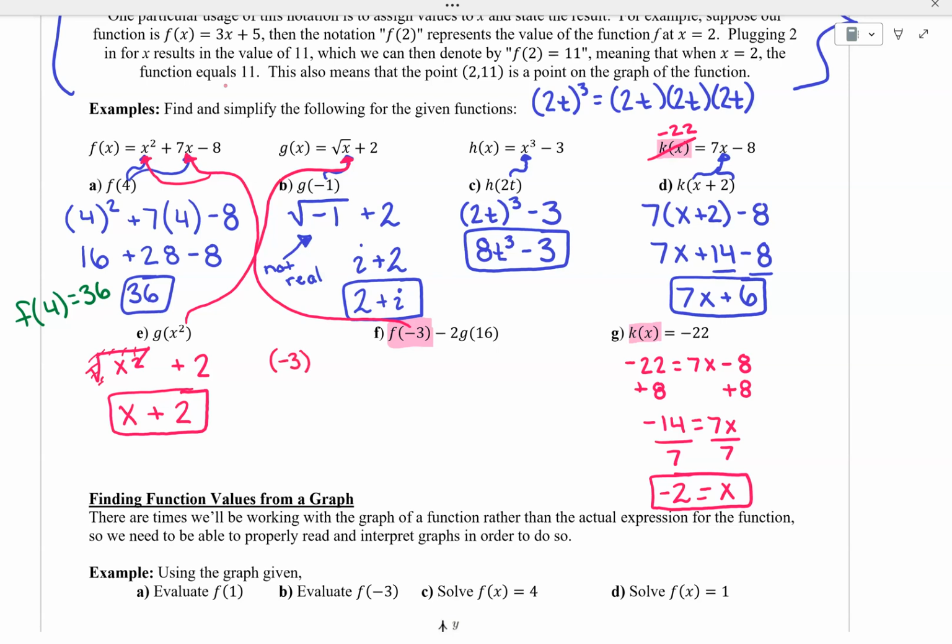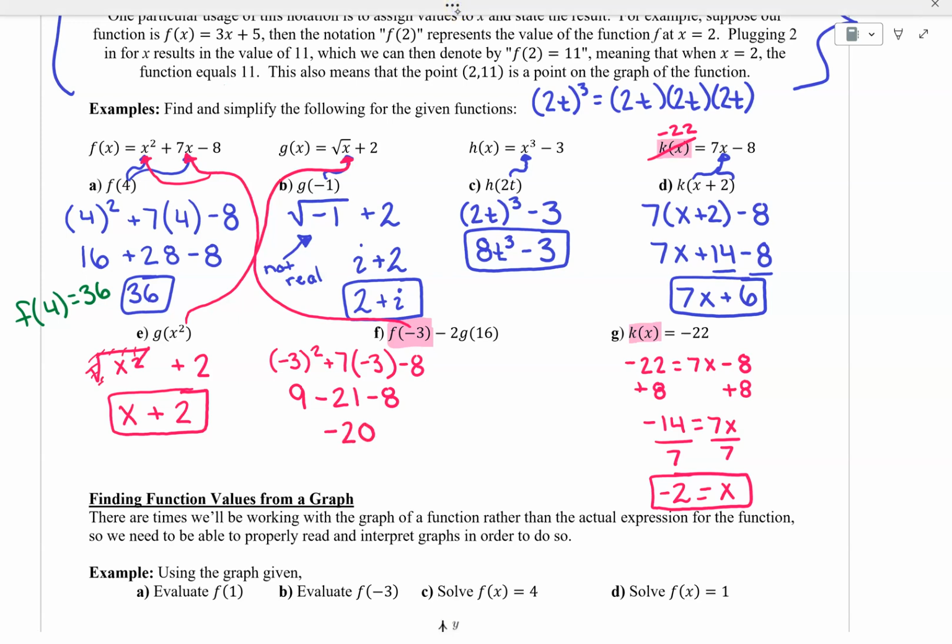So -3 squared plus 7 times -3 minus 8. So we're just going to work with this part of the problem. So -3 squared is 9. 7 times a -3 is a -21, and then minus 8. So 9 minus 21 and minus 8 gives us a -20. That is our answer for that.